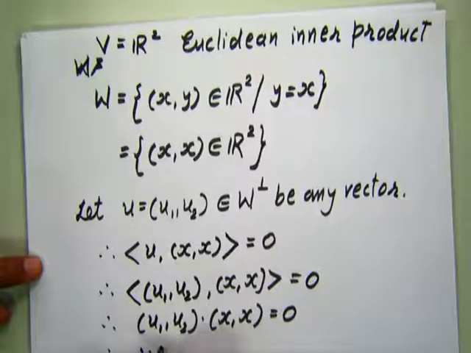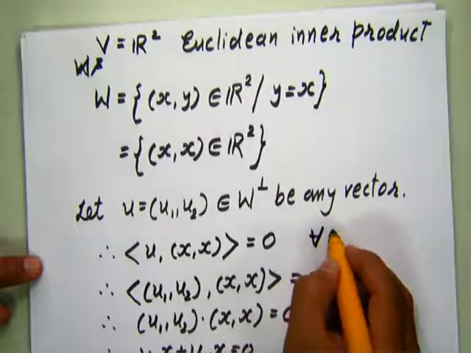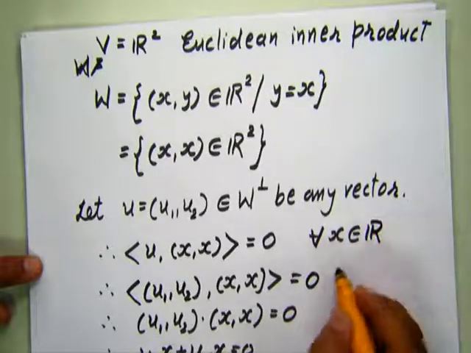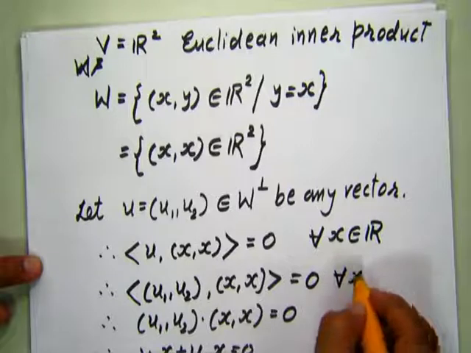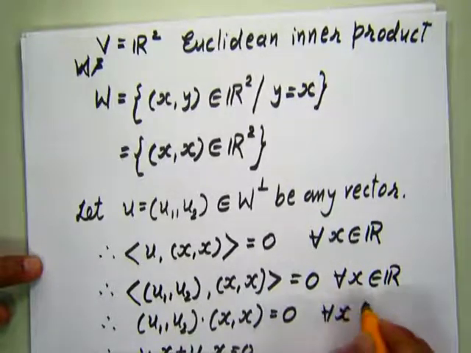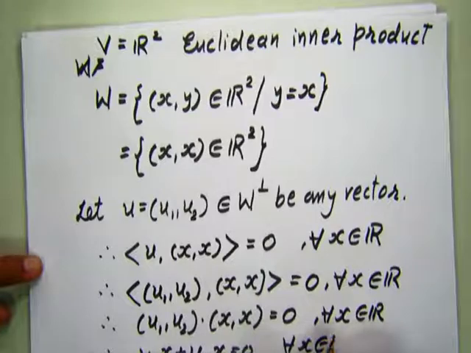Therefore it is u1x plus u2x equal to 0, and here we have to mention this is for every x belongs to R.